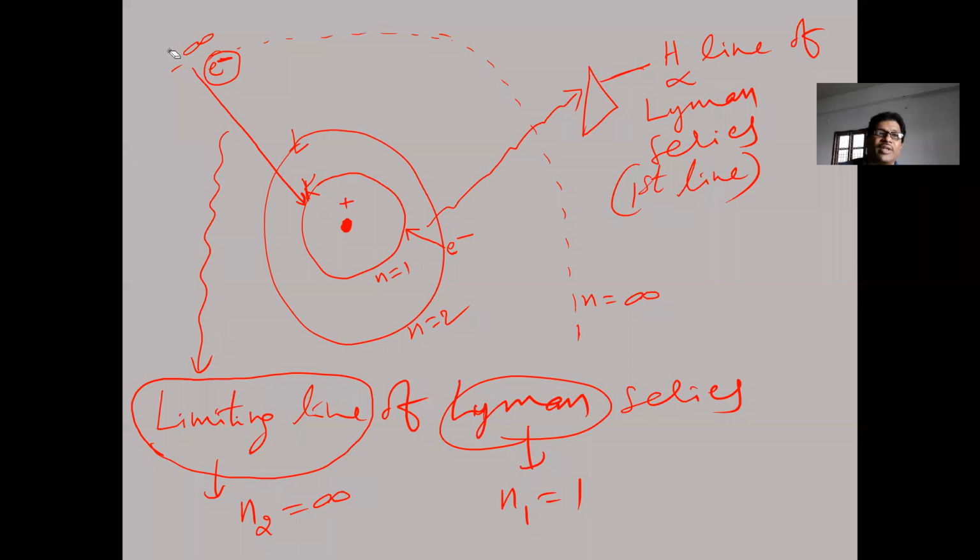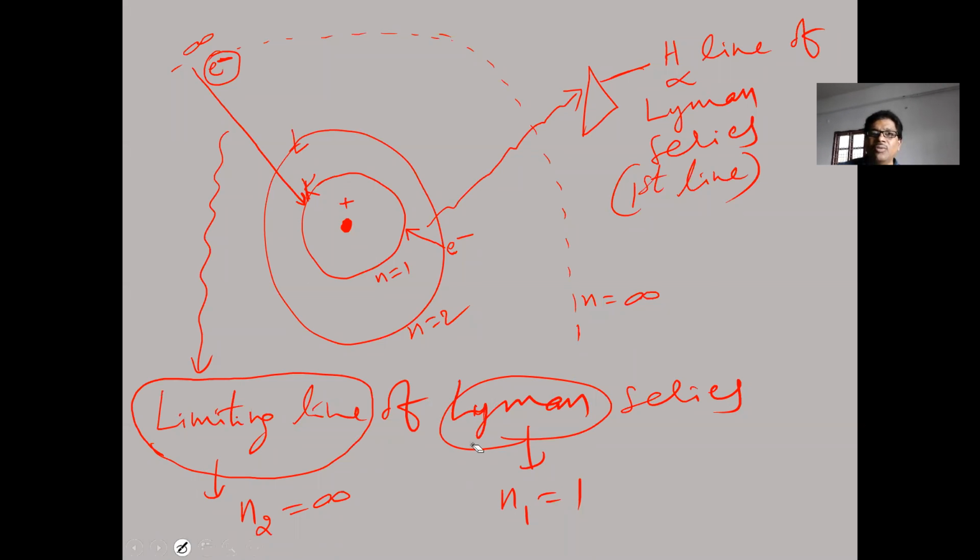So here we have taken the electronic transition from the infinity orbit to the first orbit, the limiting line of the Lyman series, which has n2 value infinity and n1 value 1. So we got the n1 and n2 values here.